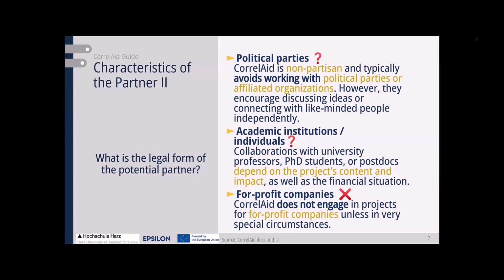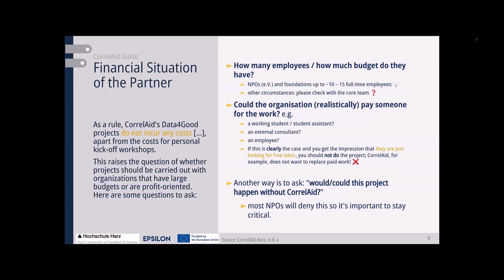Therefore, the German CorrelAid initiative, for instance, does not engage in any projects for for-profit companies, unless there are very special circumstances, if, for instance, the company also wants to provide some social good project and is seeking partners who know these projects better than the company itself. So these are basically the questions you should ask yourself about the legal form of the partner.